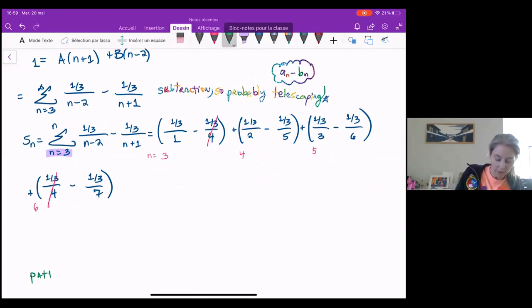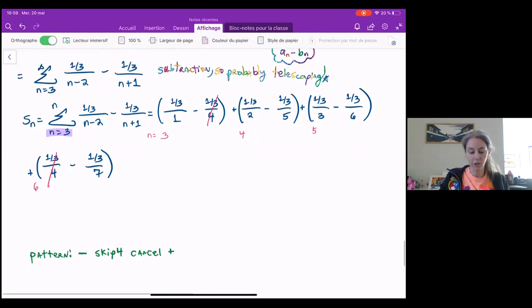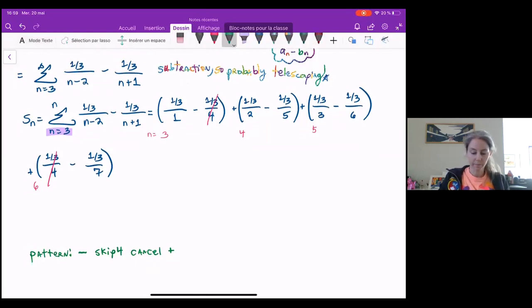My pattern here is negative, skip 4, cancel positive. How many things did I have to plug in to see the cancellation? How many numbers did I have to plug in to see the cancellation? 4, which means that I'm going to need 4 numbers at the end as well.